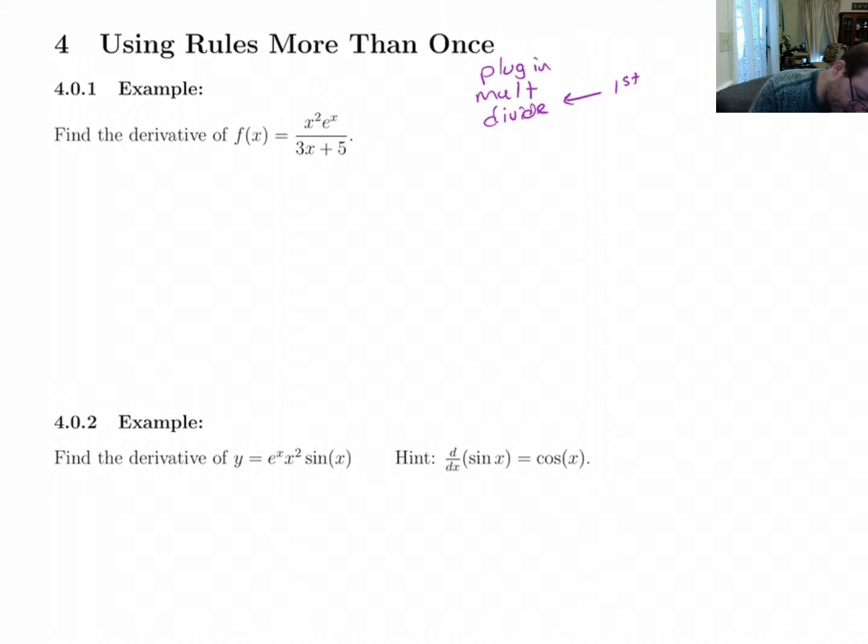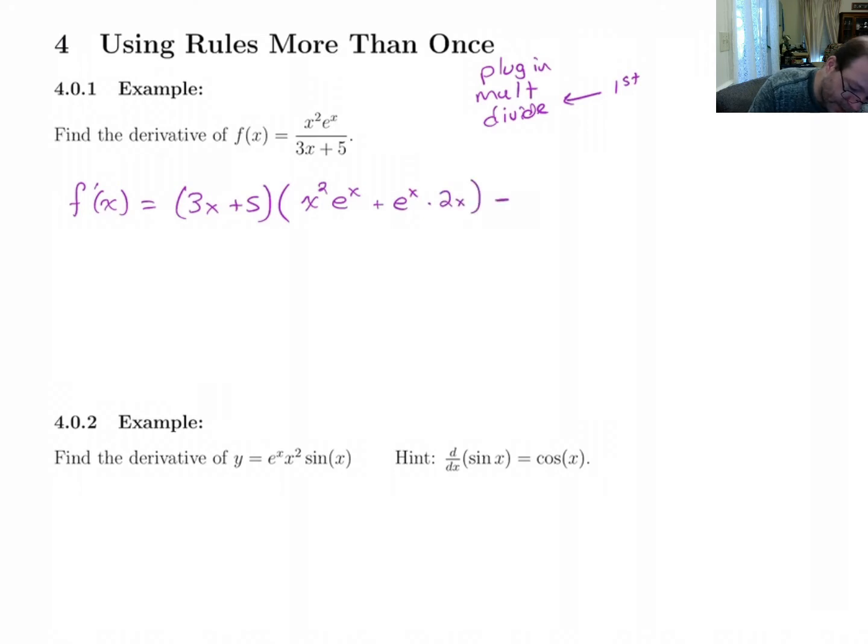So f prime of x is going to be low d high. Now, when I do this top, I've got to use the product rule there. So first times derivative of the second plus second times derivative of the first, minus high d low, over low squared.